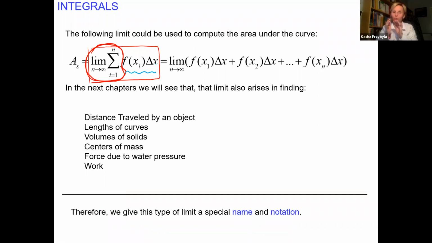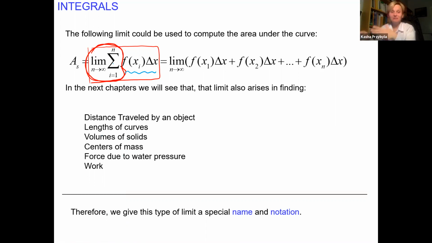It could be the volume, work, center of mass, force, length of the curve, or the total distance traveled if we have the speed. Different things, but the idea is always the same: add all of them, infinitely many of them.